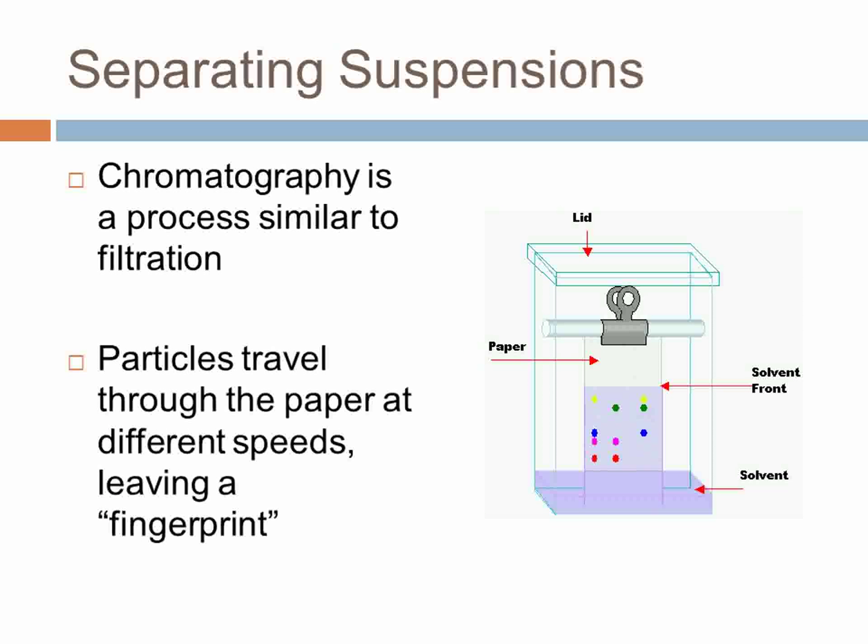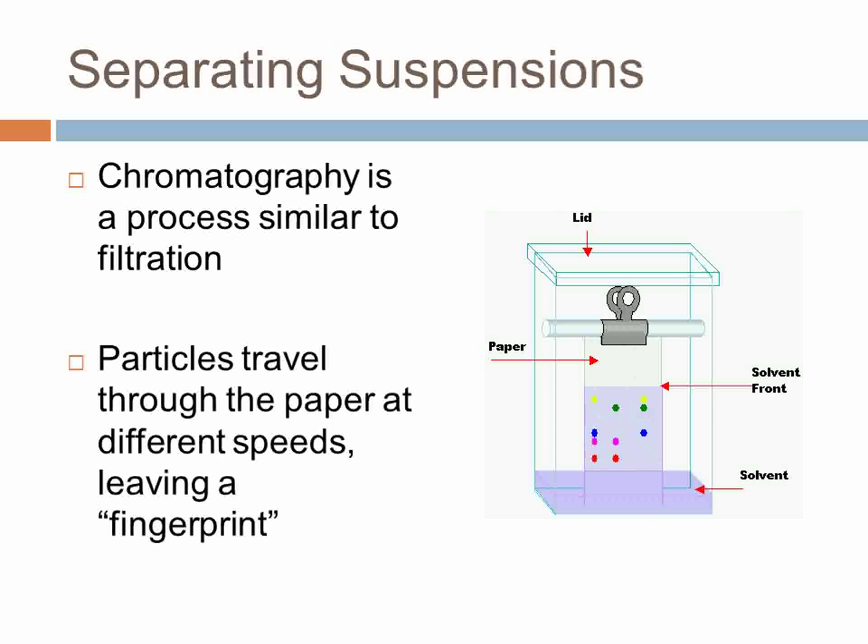So another way that we use filtration is a process called chromatography. Now, chromatography can be a pretty confusing topic for some students. Basically, you have your filter paper, and you're now doing filtration sideways. We typically use this to create quote-unquote fingerprints of things. So you might be creating a fingerprint of an ink. What dyes make up that ink?